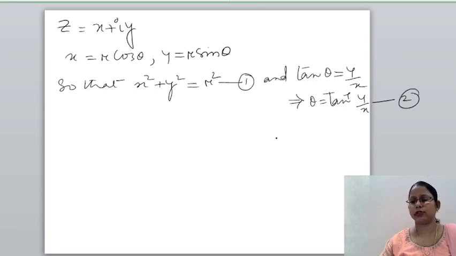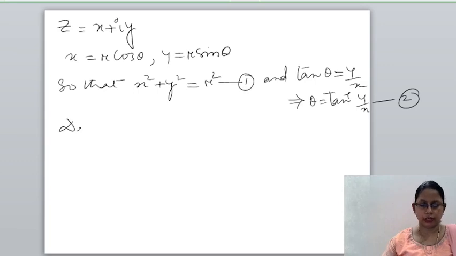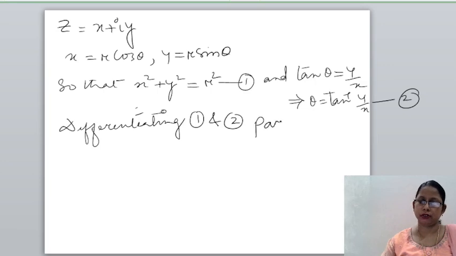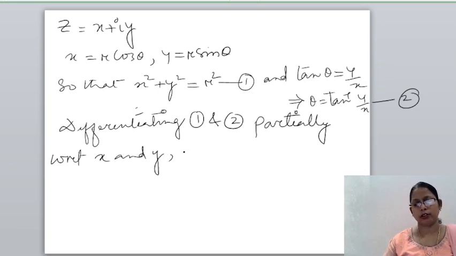So this is equation 2. Now differentiate 1 and 2 partially with respect to x and y.